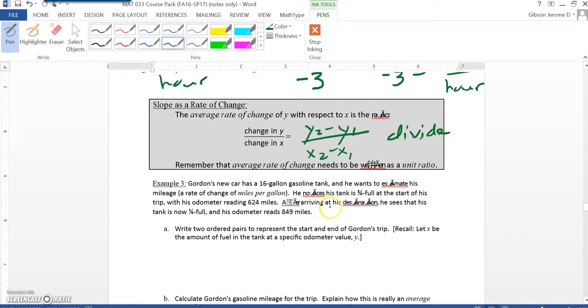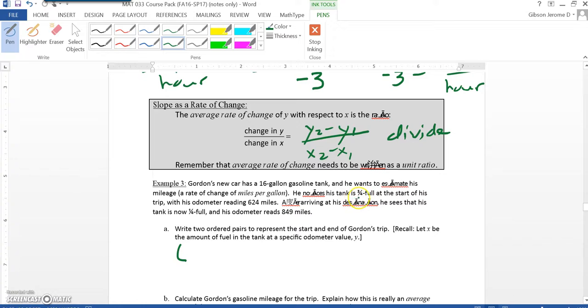After arriving at his destination, he sees that his tank is now 1/4 full, and his odometer reads 849 miles. Write 2 ordered pairs to represent the start and end of Gordon's trip. Let X be the amount of fuel in the tank at a specific odometer value Y.